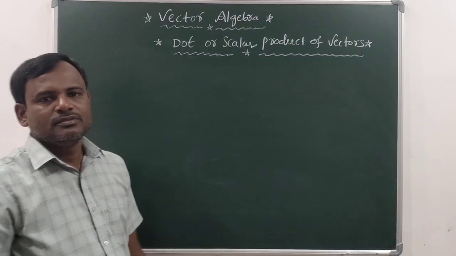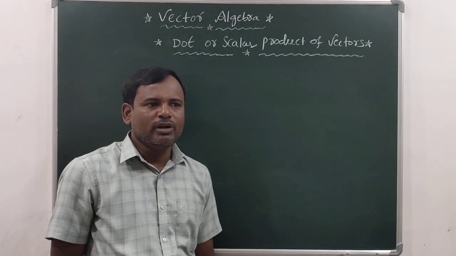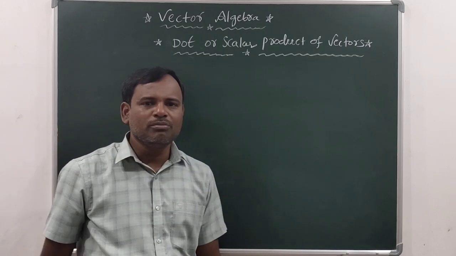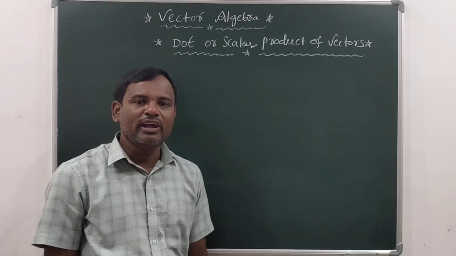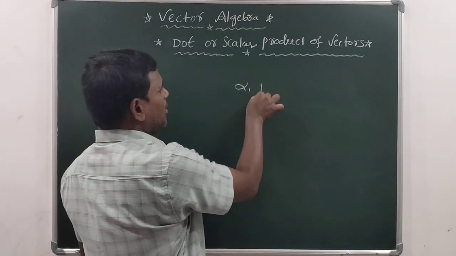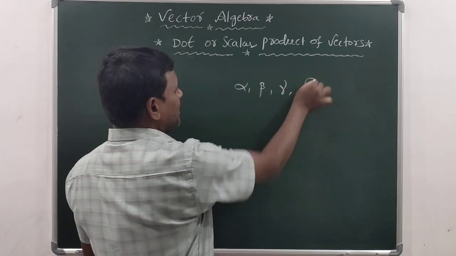And in a cube, you know, there are 4 diagonals. If you send a line through the cube, that line will make 4 angles with the 4 diagonals of the cube. Let us call them alpha, beta, gamma, delta.